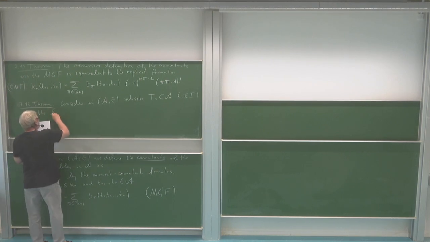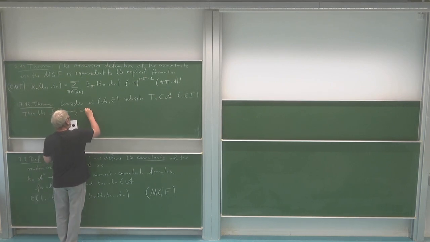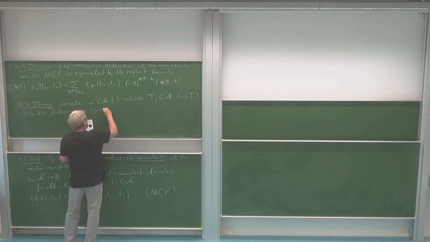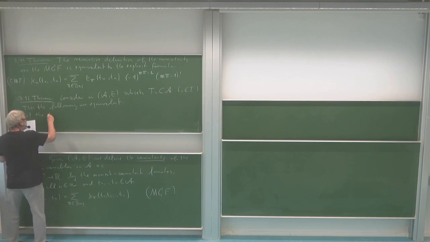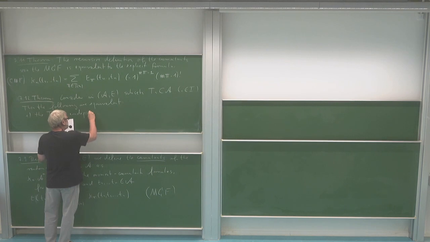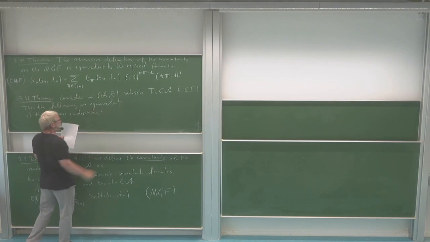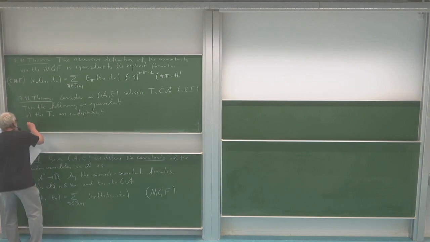So then the following are equivalent. Namely, first, the fact that the Ti's are independent, which by definition is something in terms of the moments. We know the factorization of moments, but what does it mean for the cumulants?